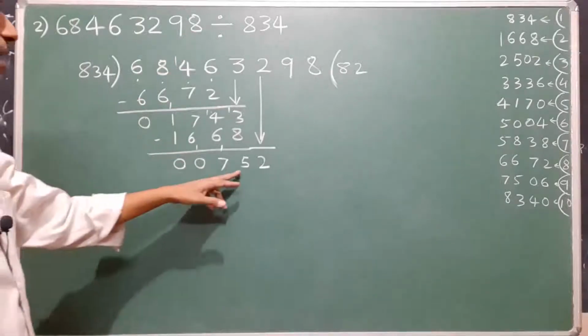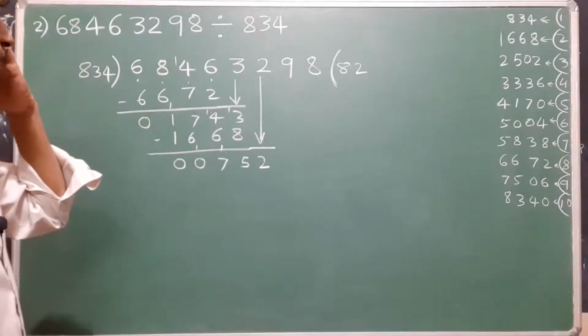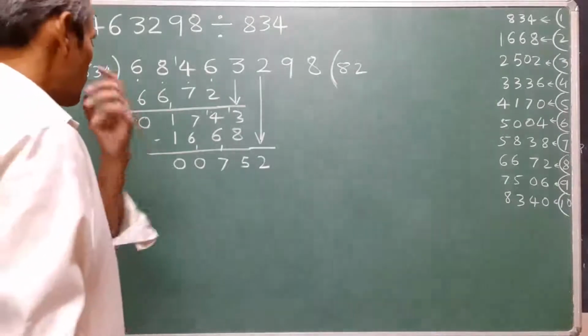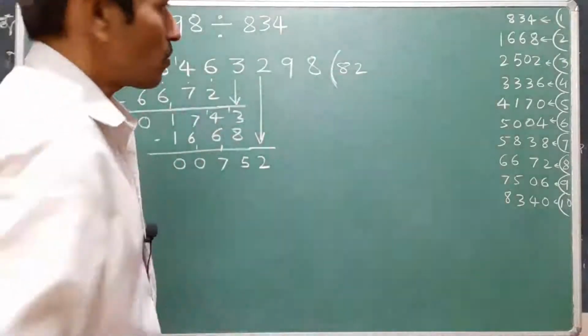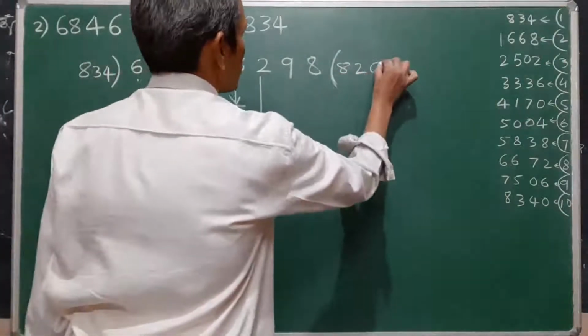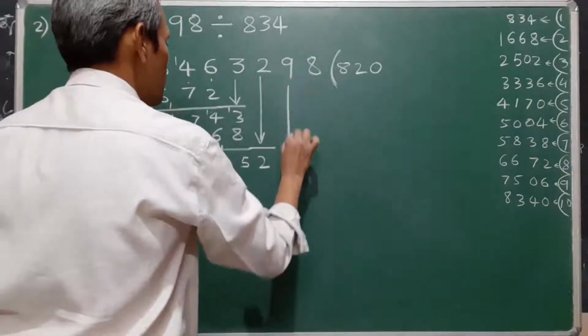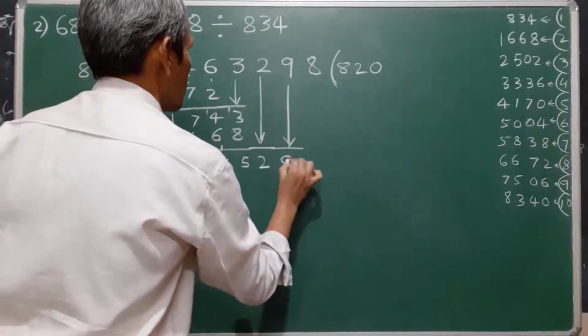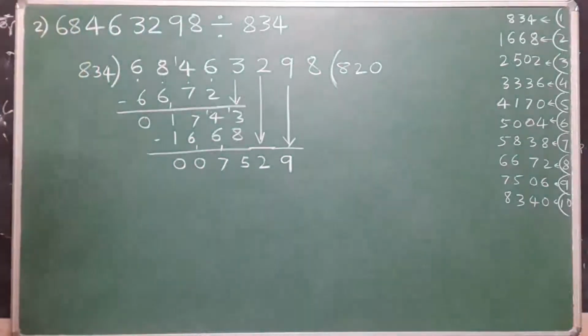Check whether 752 is there in the 834 table. Not there. Less than this one is also not there. If 752 is not there in this table, you write 0 in the quotient and take the next digit down, that is 9. 7529.